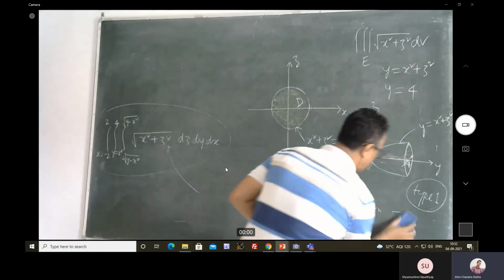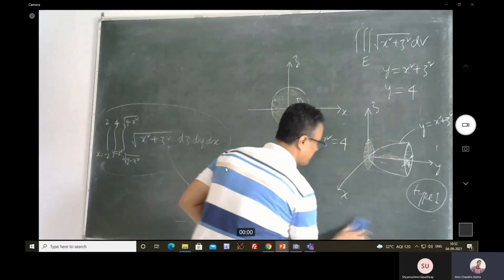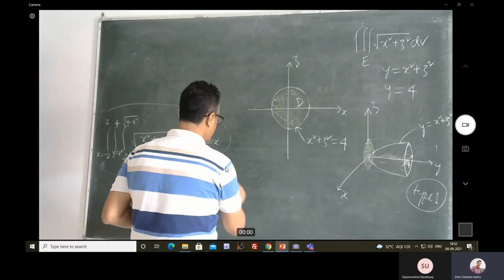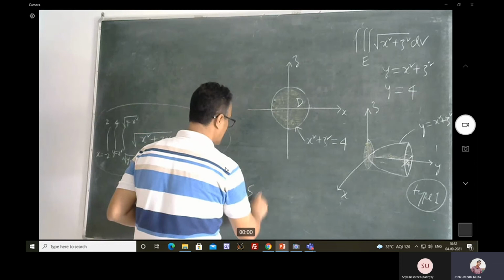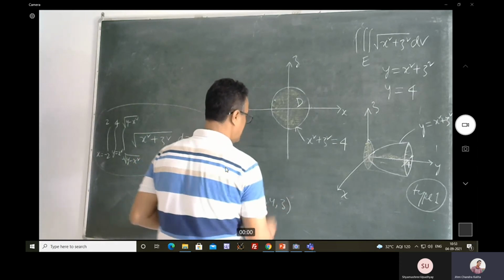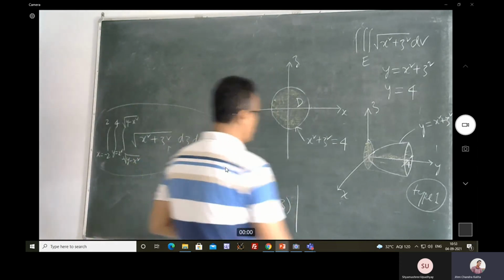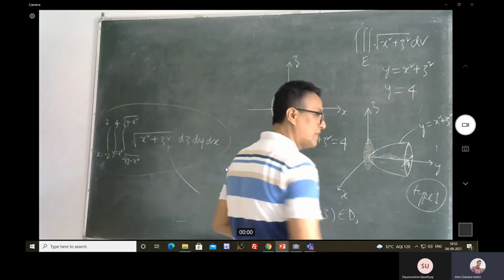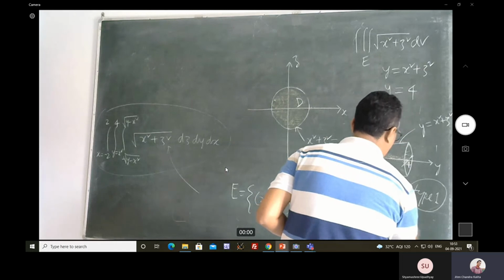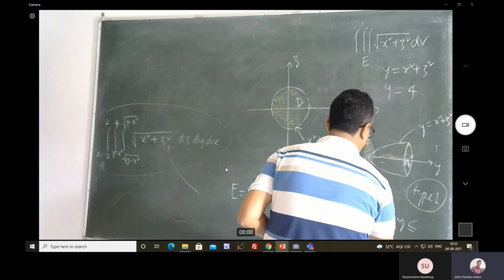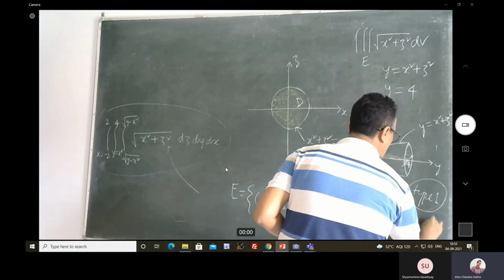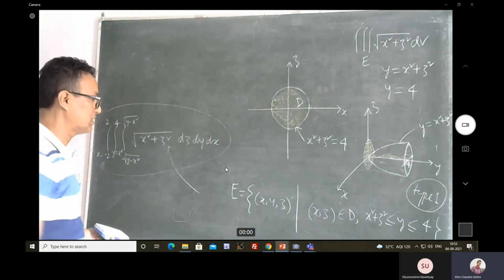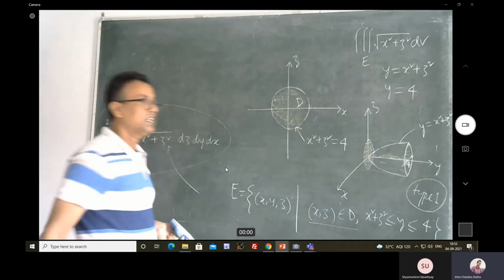So for that, E equals the set of (x, y, z) such that (x, z) belongs to D, and y lies between x squared plus z squared and 4. We are going to deal with that two-dimensional region D later.